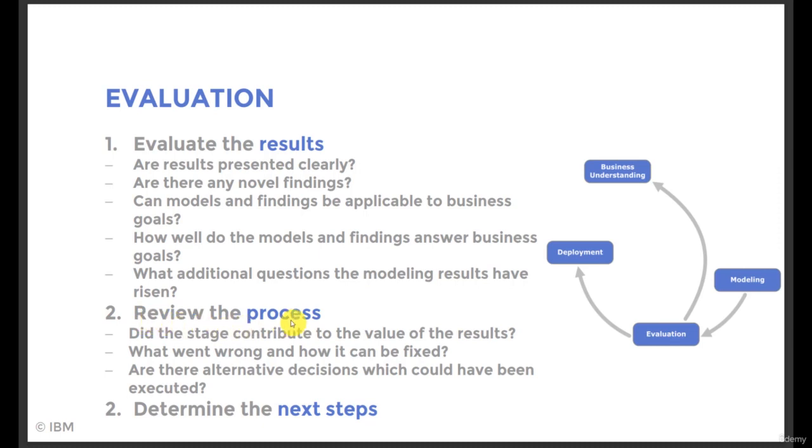Now then we review the process. Did the stage contribute to the value of the results or not? So we review our process, we review the evaluation, we review all the process, and we determine the next step. So determining the next step means we are at this step of evaluation. Now we review the process, we evaluate the result, and we didn't find the appropriate result. Let's say our result that we have found is not enough for us.